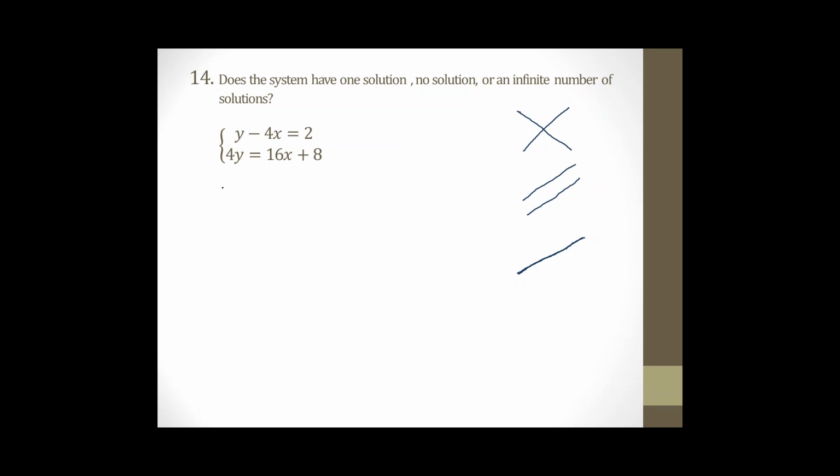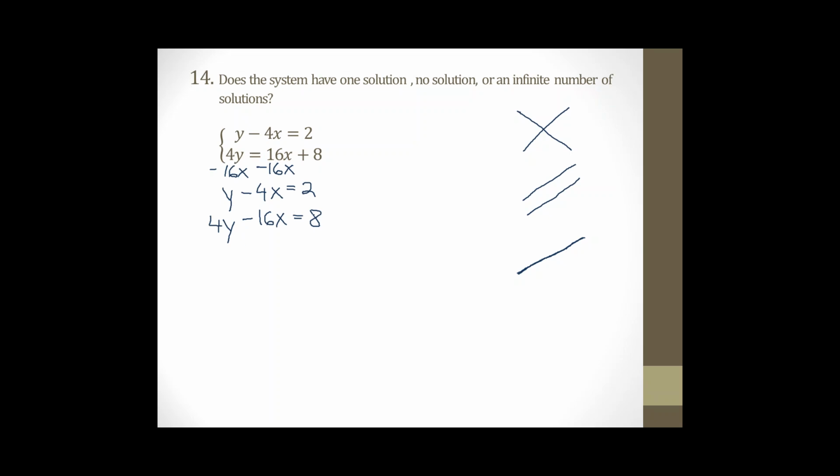I'm going to leave the first equation as is, and move the 16x over to the other side by subtracting it from both sides. So now I have 4y minus 16x, which is equal to 8. So I lined up my variables perfectly.